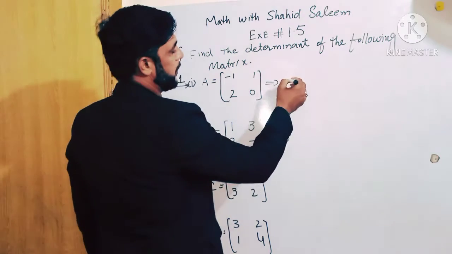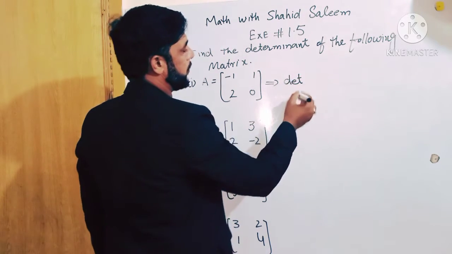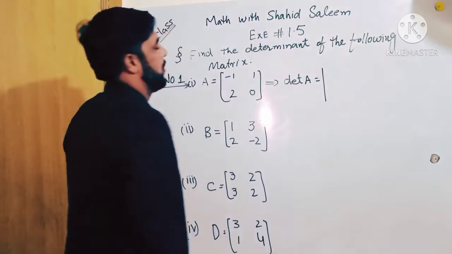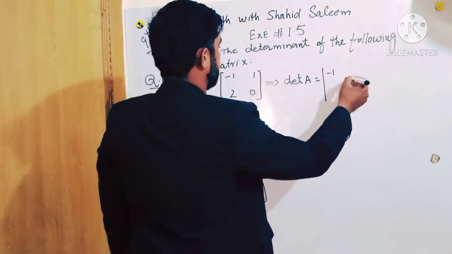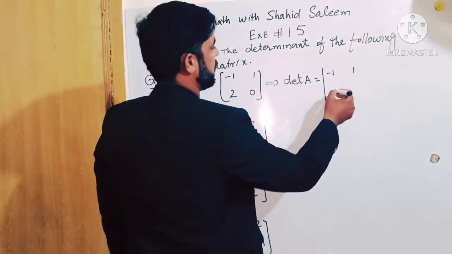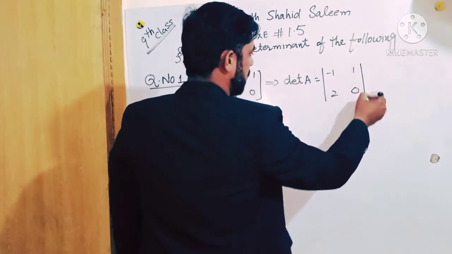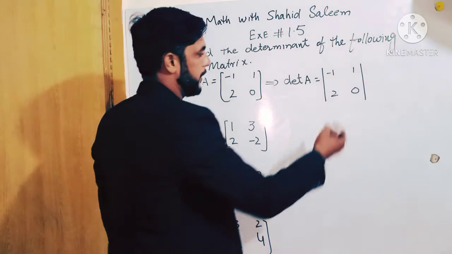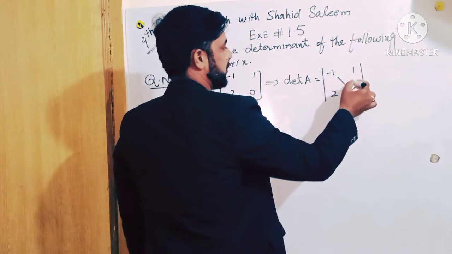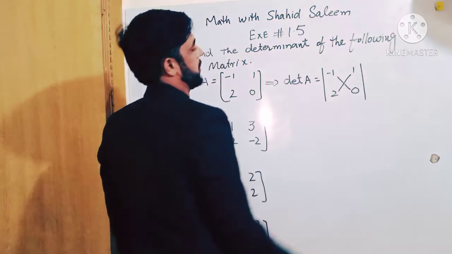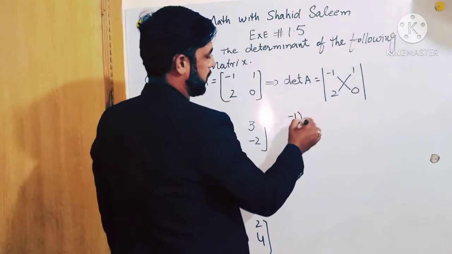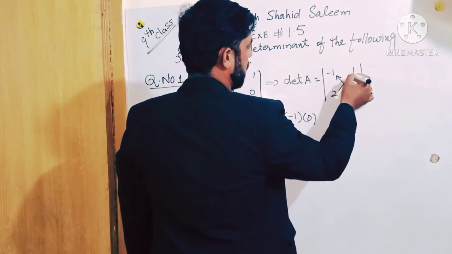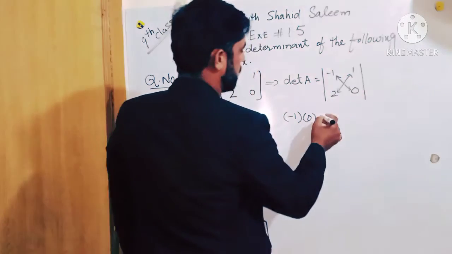It is denoted by det of A, equal to the matrix -1, 1, 2, 0. To find the determinant of a matrix, we multiply cross elements of each matrix: -1 into 0 and 1 into 2.